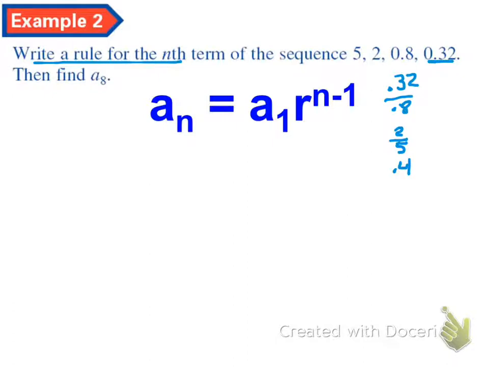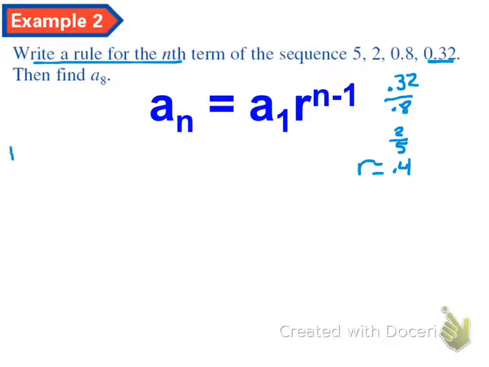You might want to continue to check. They didn't necessarily tell you this was a geometric sequence, so you would want to check it out. You could take each term, 0.8 divided by the 2, you're going to find that you again get 0.4, 2 divided by 5, you again get 0.4. So we know that our ratio is 0.4.